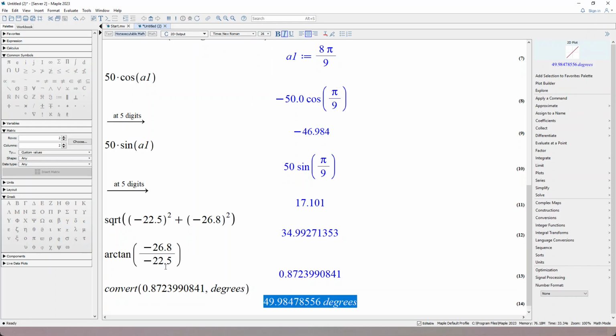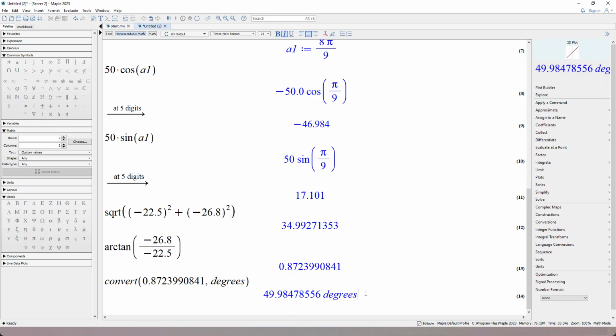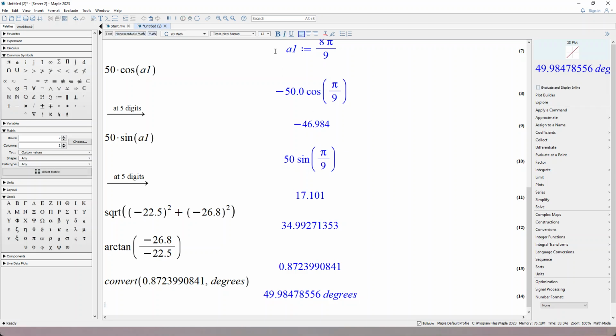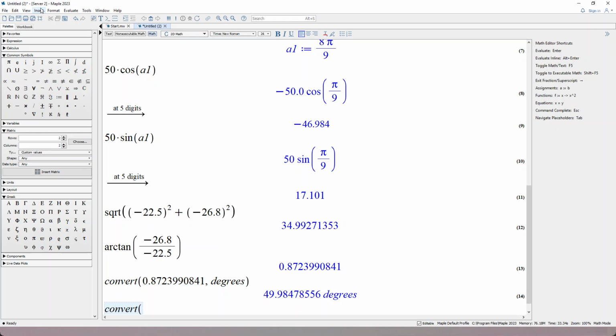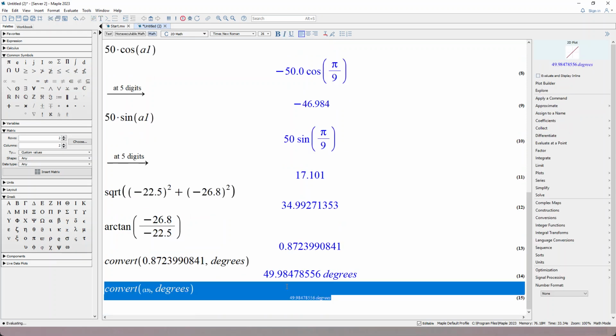Or, just see this. I can say convert as a command, and I can say insert label. So convert, and I want to convert number 13. So insert label. The identifier is 13, and it'll take 13 and change it to degrees. There you go. Same answer.